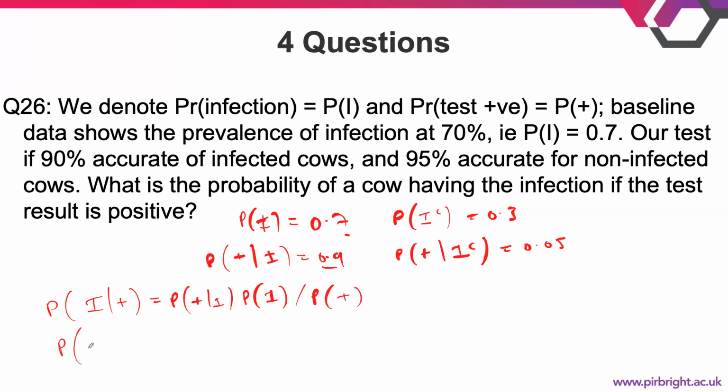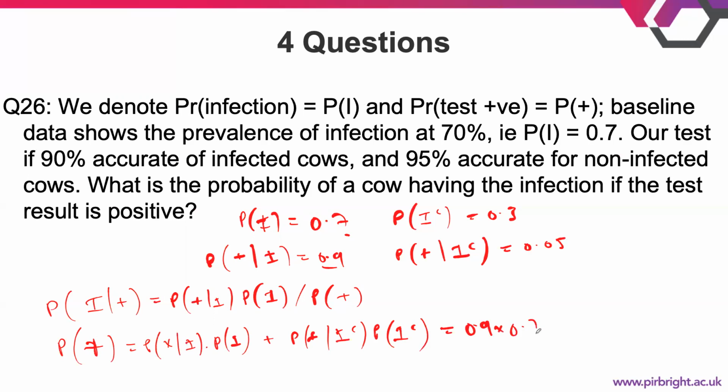So to get that, the probability of being positive, like we had before, is simply the probability of being positive given that you're infected by the probability of being infected plus the probability of being positive given that you're not infected by the probability of not being infected. So that works out as 0.9 by 0.7 plus 0.05 by 0.3.